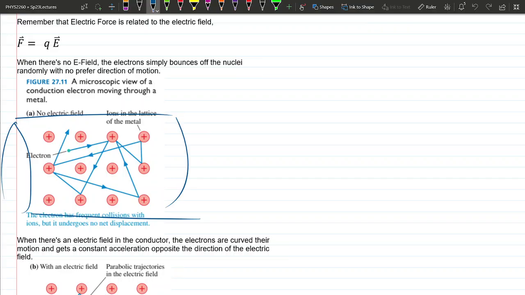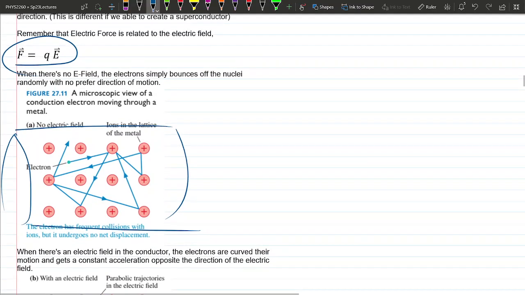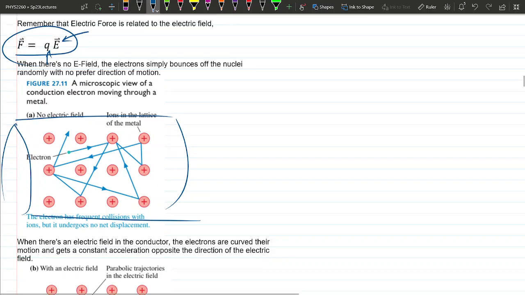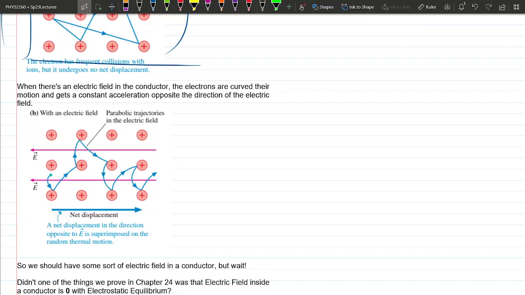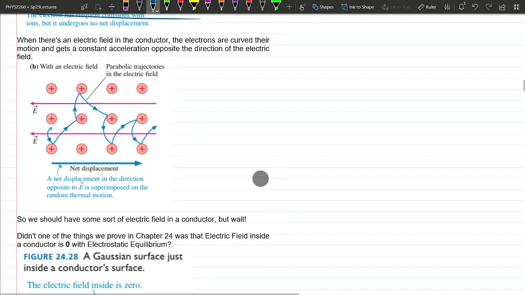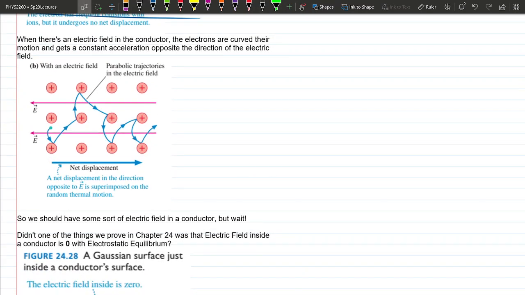So what happens is that if you apply a force to these electrons, and since electrons are charged, we can apply the electric force. The electric force is just the charge of whatever you're talking about times some sort of electric field that you created. So if you apply an electric field, why is the electric field pointing to the left instead of to the right?